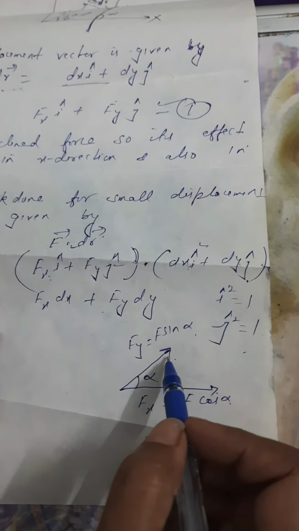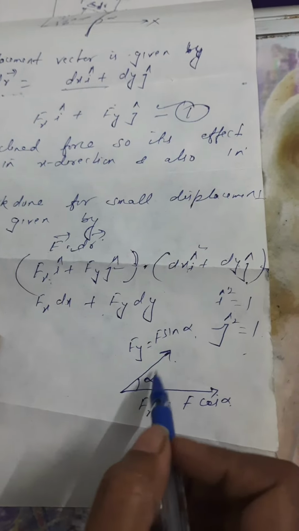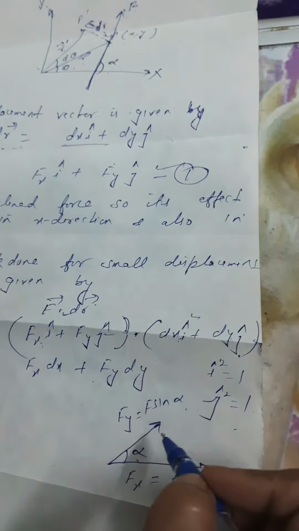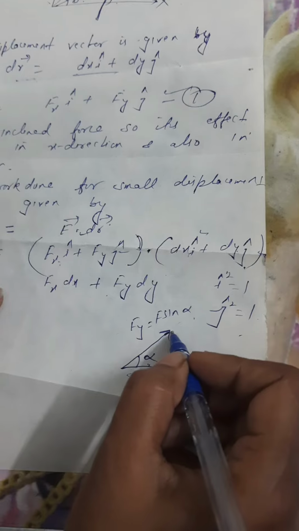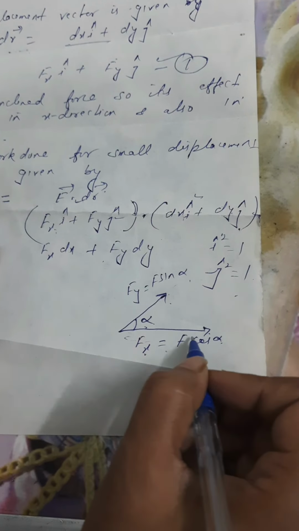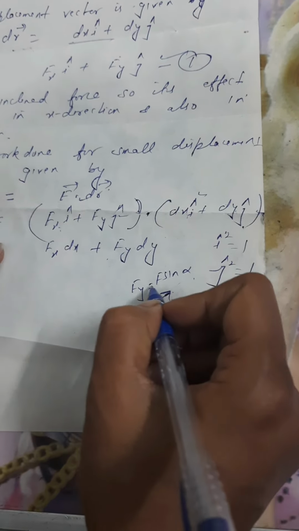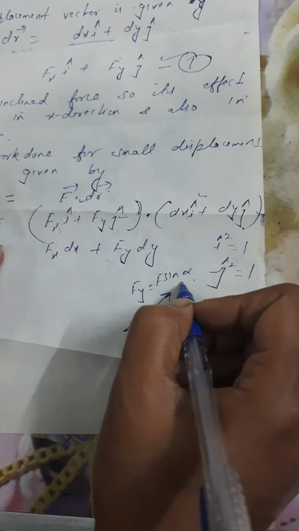This is Fx and this will be Fy. Clear? So Fx is equal to F cos alpha, and Fy is equal to F sin alpha.